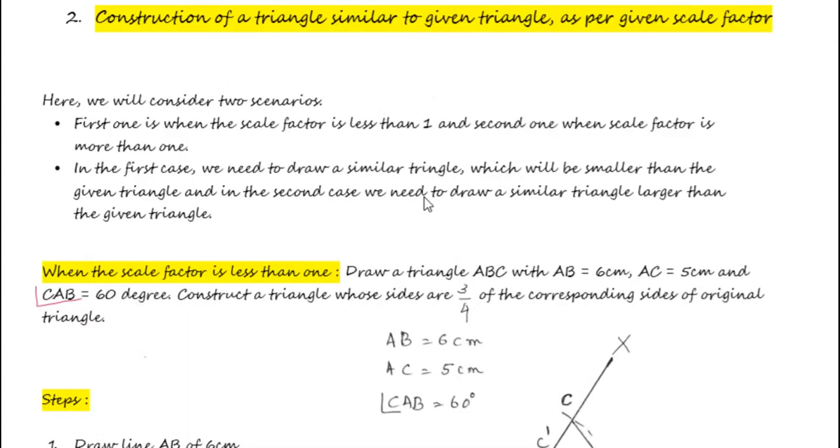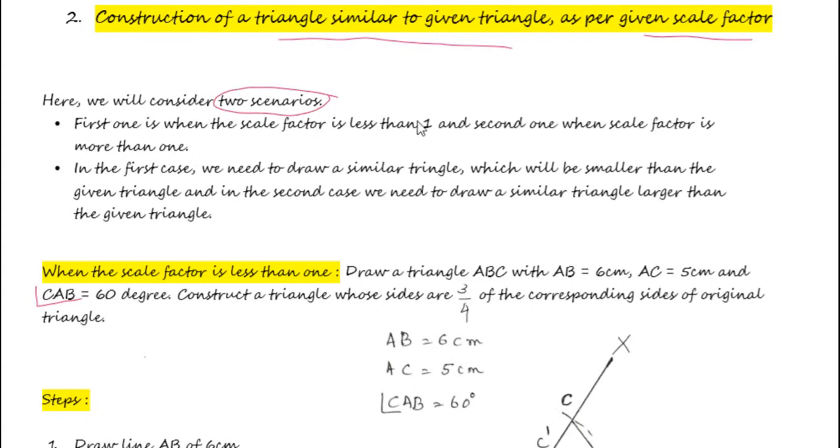Second, construction of a triangle similar to the given triangle as per the given scale factor. So what is given? One triangle is given and the scale factor is given. You have to construct a triangle similar to the given triangle with the given scale factor. There are 2 scenarios here.